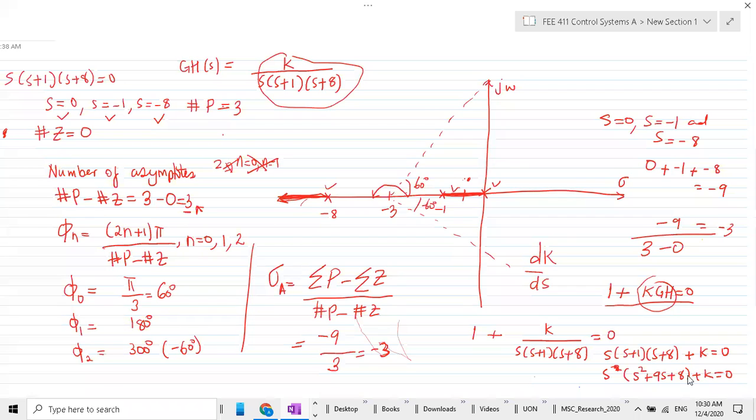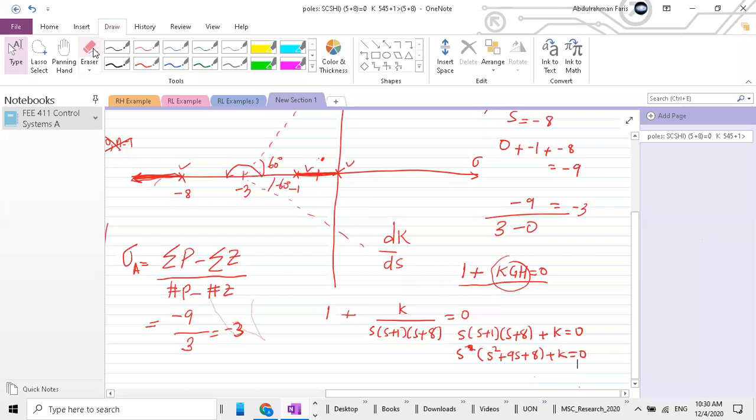That's how I need to rub some of this. So let me rub here.